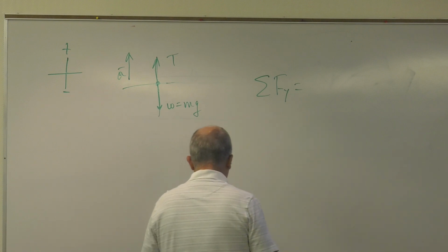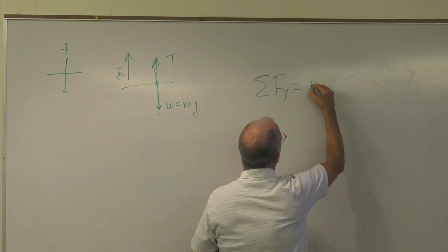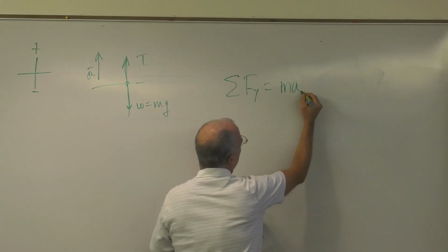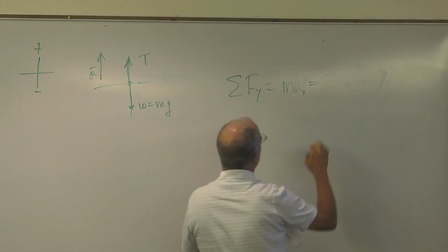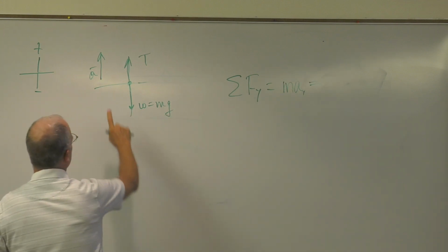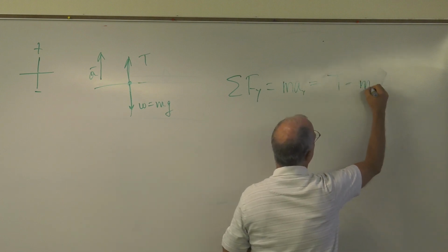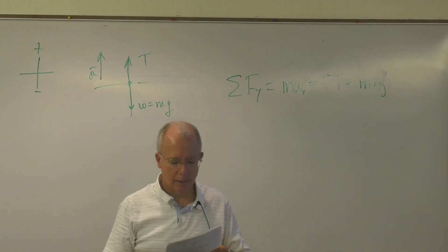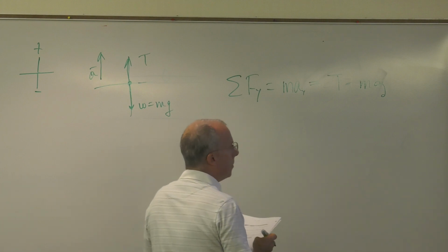All right, so now we have the sum of the y forces equals ma. If you want to put may, you can. It's really whatever. And what's the sum of the forces? T minus, I'll say mg instead of weight. What are we supposed to find?